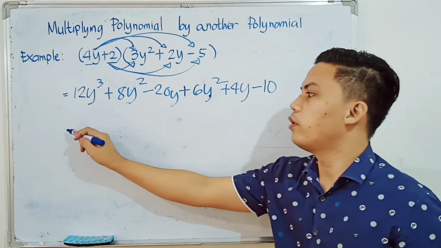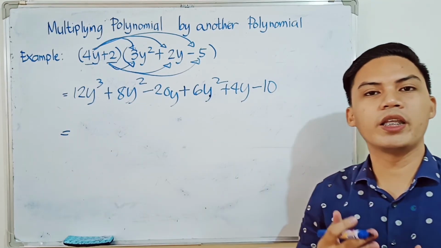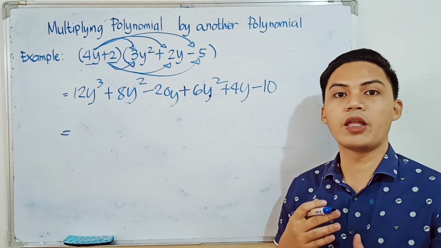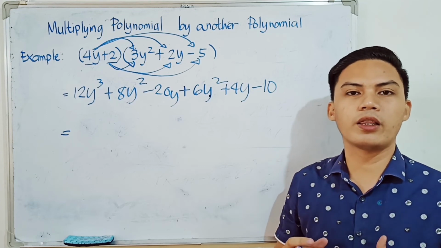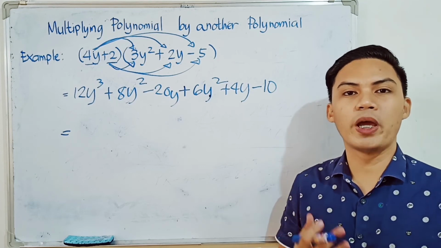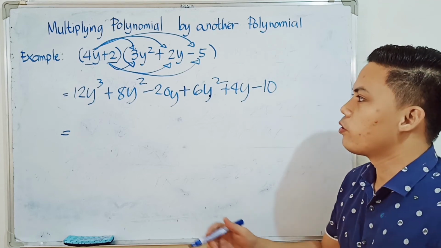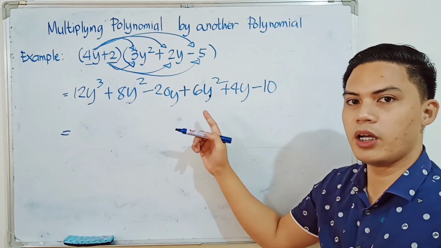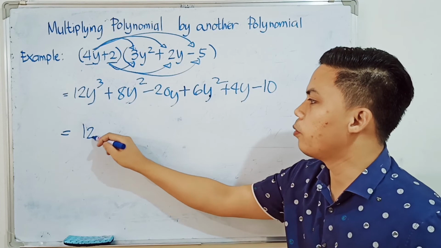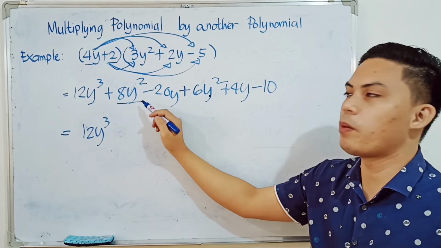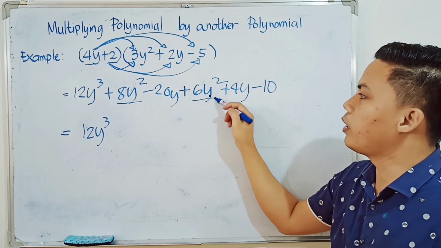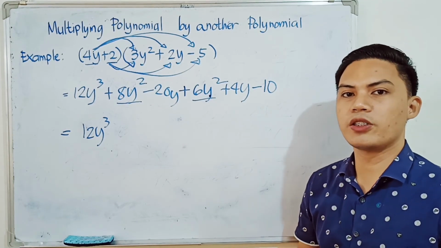Okay? Now, gaya ng ginawa natin kanina, we make sure na nasa standard form. And we see to it na kung ano pa yung mga terms na pwede natin makombine, i-combine natin sila as one term. So, 12y cubed, wala siyang kaparehas o kapartner. So, we bring down lang natin. Next, we have 8y squared. So, kung mapapansin natin, same sila ng literal coefficient ni 6y squared.